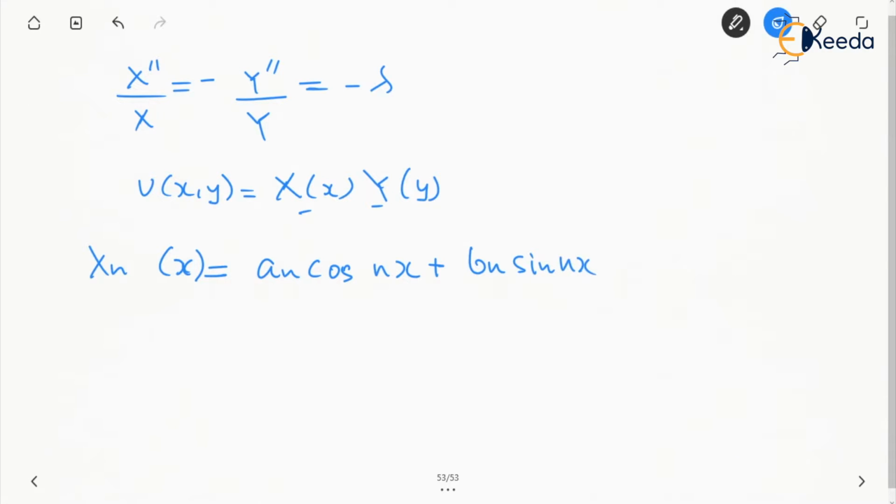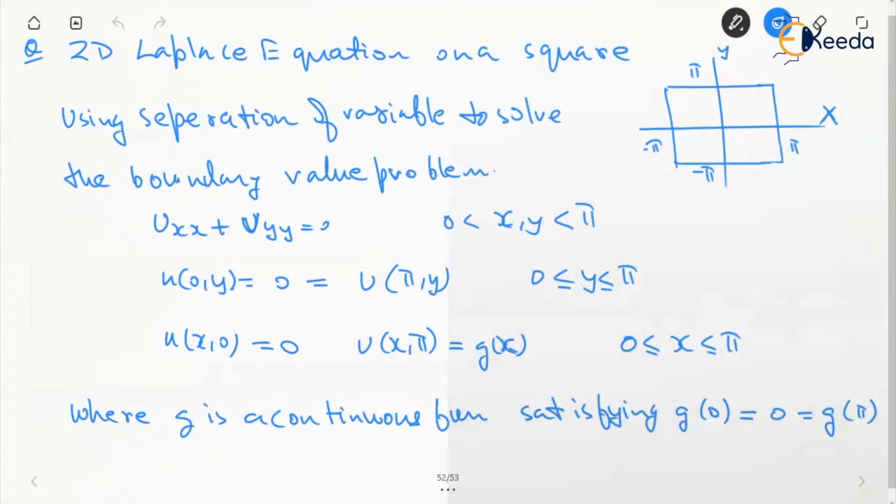Now the boundary conditions we have, this one: u of 0, y equal to 0.